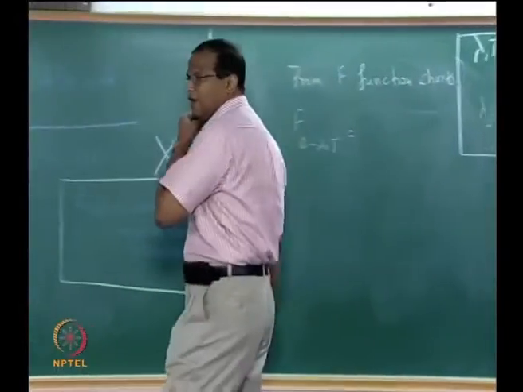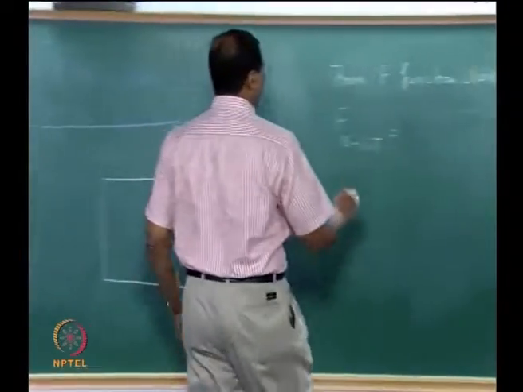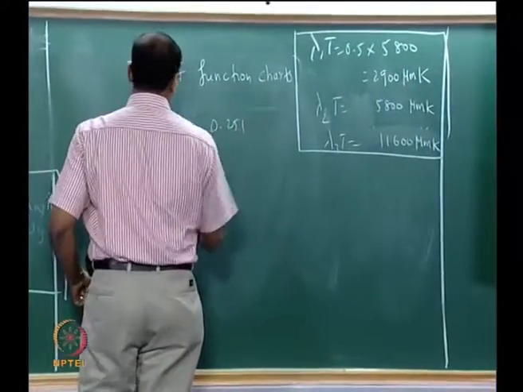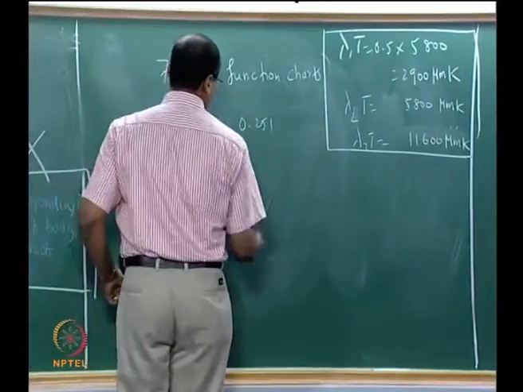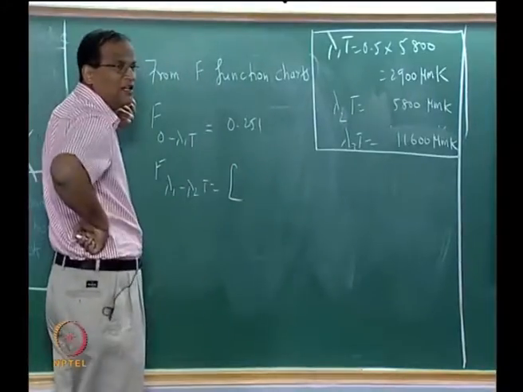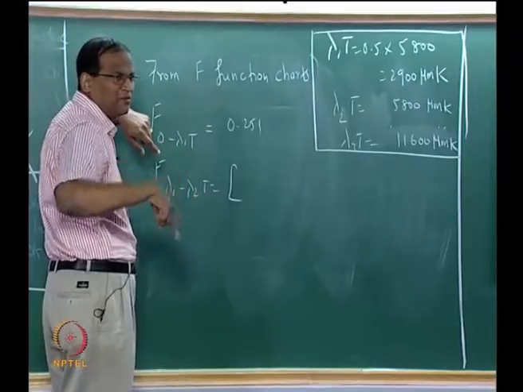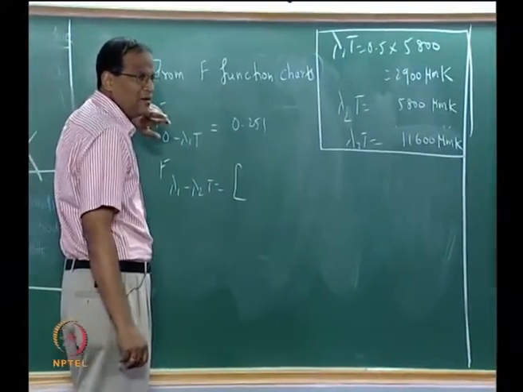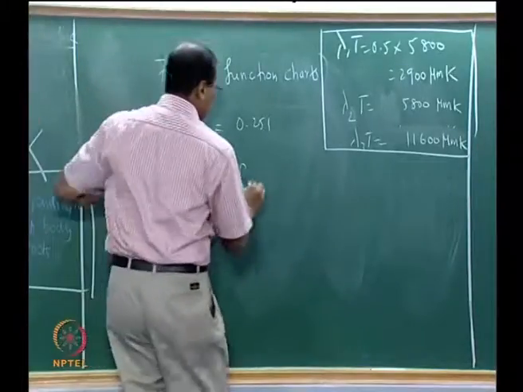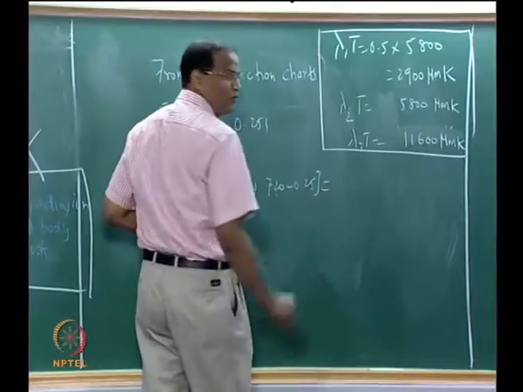Okay, f of 0 to lambda 1 is 0.25. Okay, f of lambda 1 to lambda 2 is something minus 0.25. No, you already did it. Tell me before subtracting. Minus 0.25, 0.720. How much is this? 0.47?